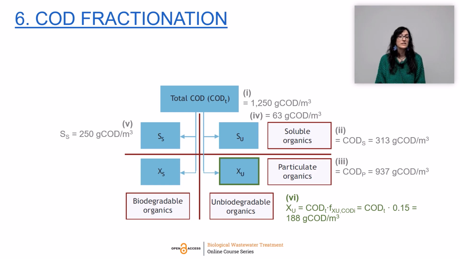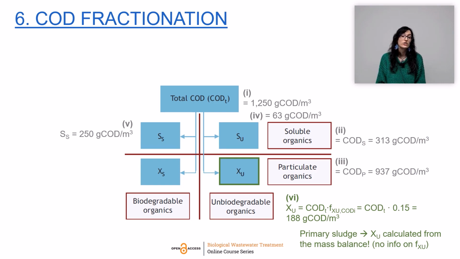We can apply this calculation to estimate this fraction for both raw and settled wastewater. In the case of primary sludge stream, we cannot apply this calculation since we don't know how much this fraction of unbiodegradable organics is. But what we can do instead is to estimate the concentration from the mass balances, as we did before.